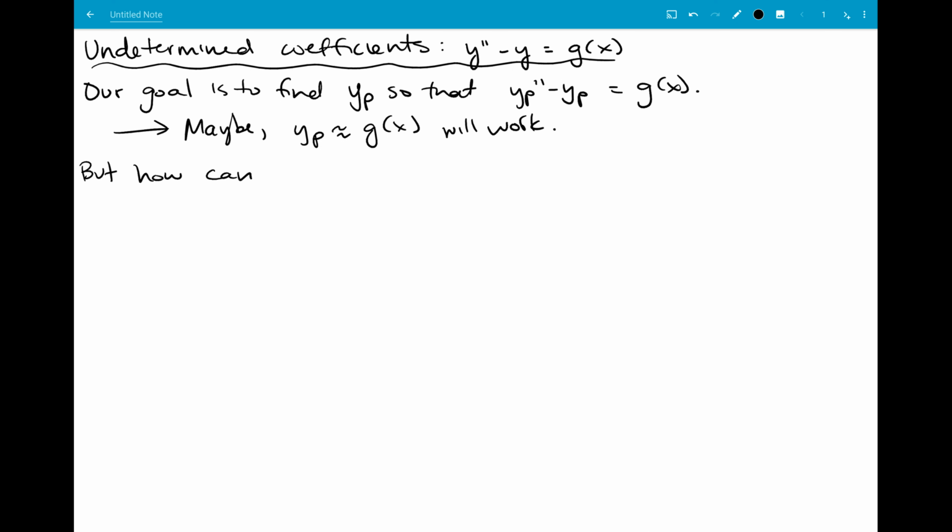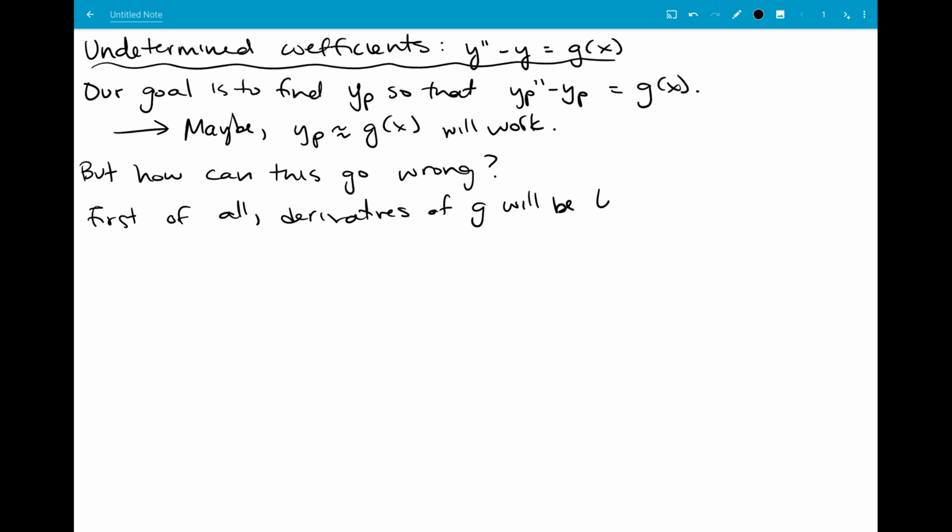So how can that first intuition go wrong? The first way is with derivatives. Derivatives of g will be left over.